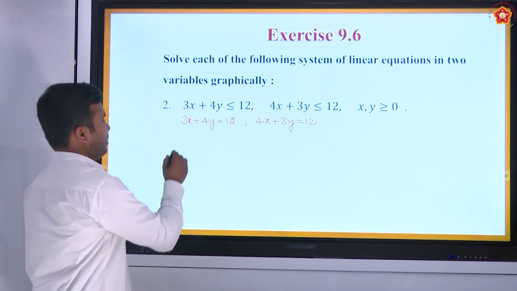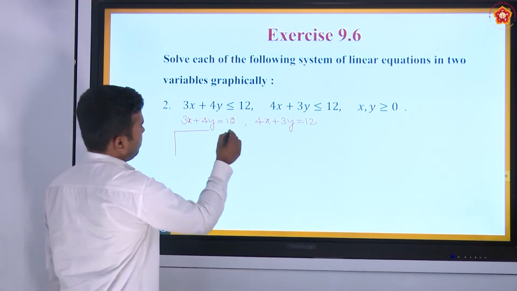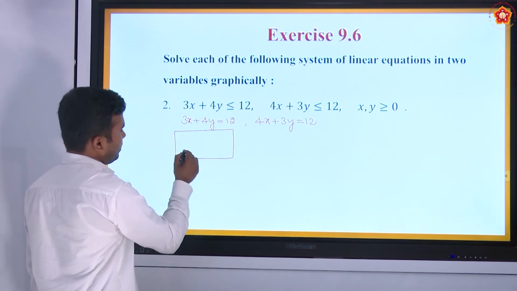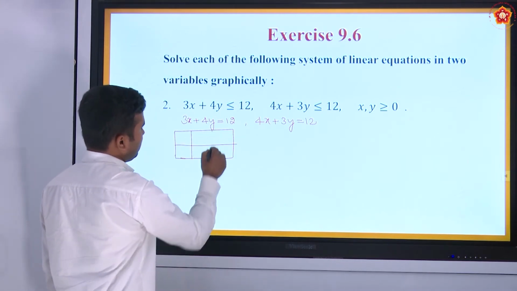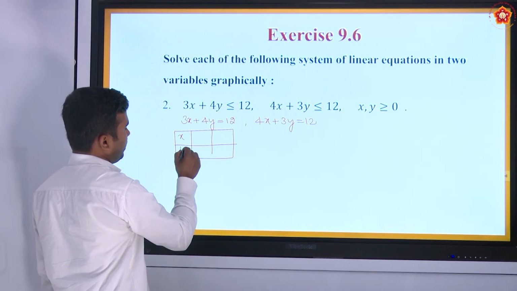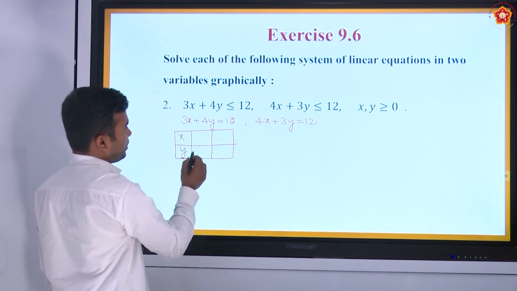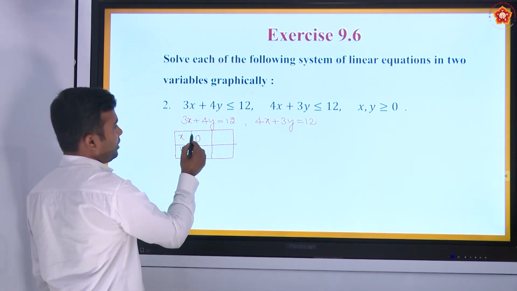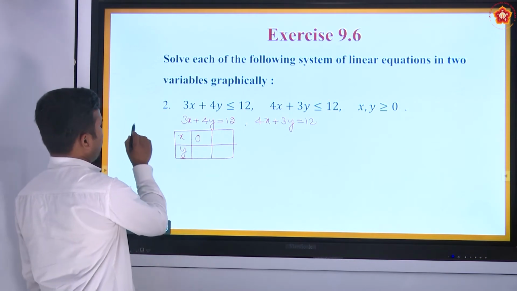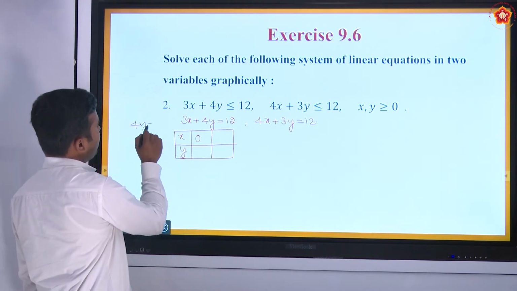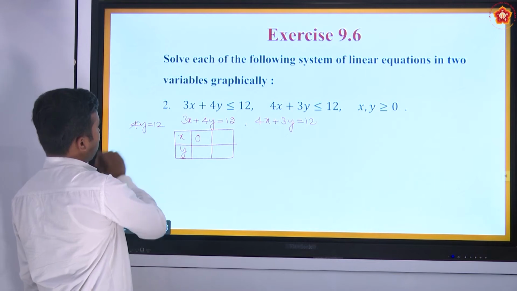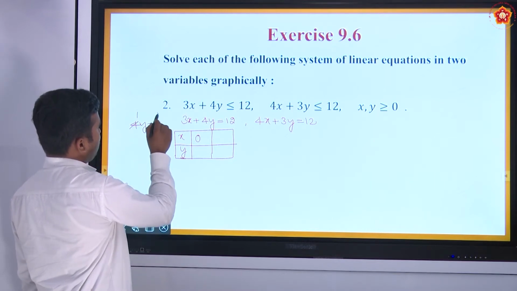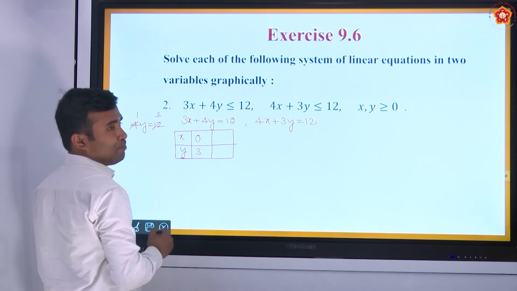For that, I am going to use the inspection method, that is, I will put values for x and y. Put x equal to 0 here, you will have 4y is equal to 12, so y will be 3.